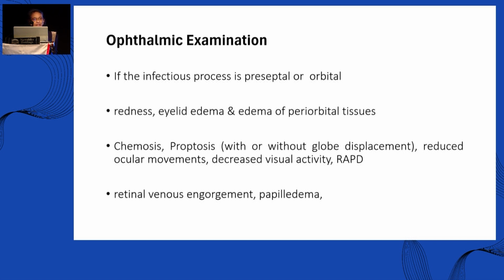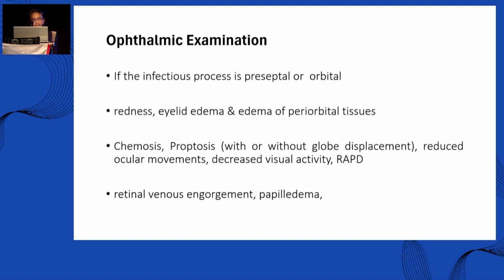We look for redness and eyelid edema of the periorbital tissues, that is in periorbital cellulitis. Chemosis, proptosis with or without globe displacement, reduced ocular movements, decreased visual acuity and RAPD are all in favor of orbital cellulitis.